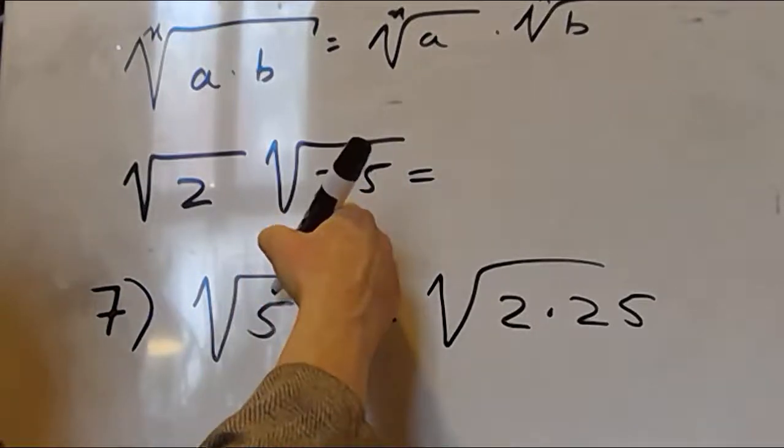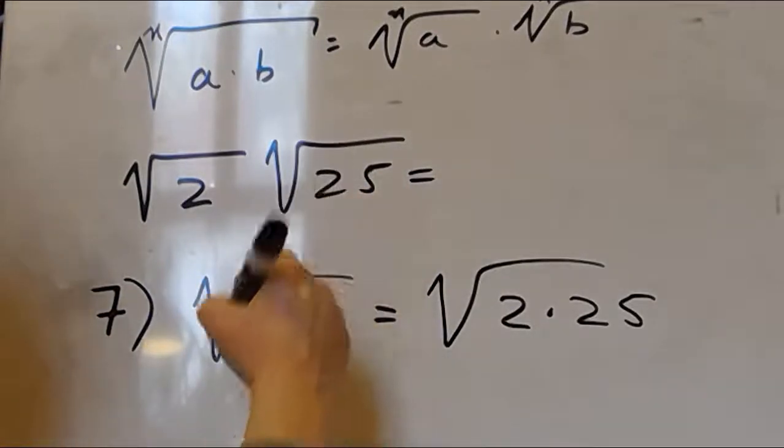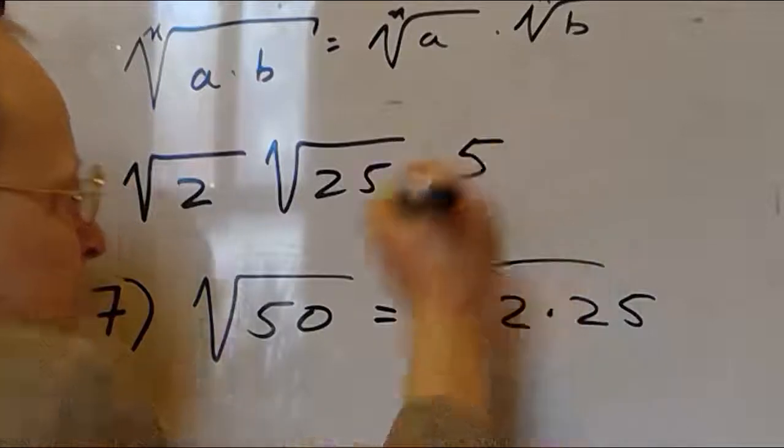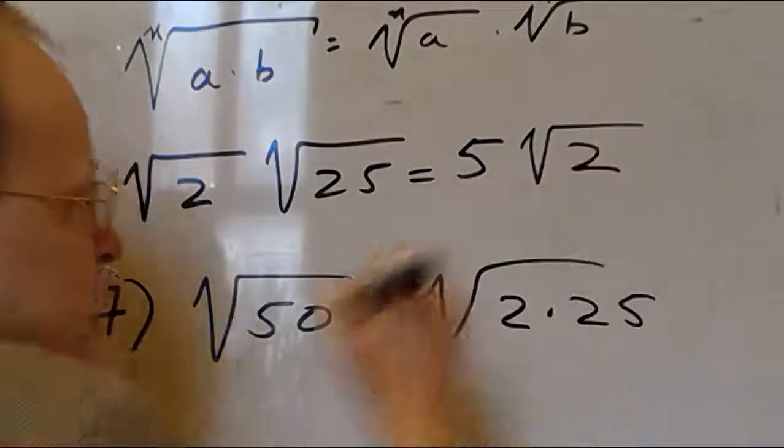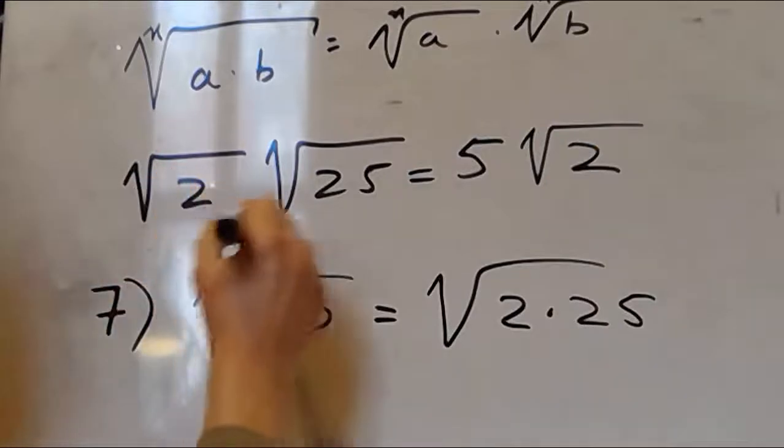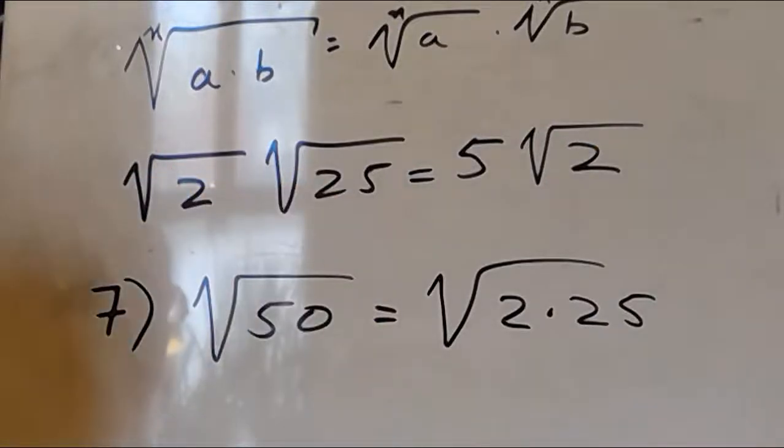And by convention, we put our regular number outside, next to the radical sign. So instead of writing the 2 and then the square root of 25, we write 5 square root of 2 with the 2 at the end.